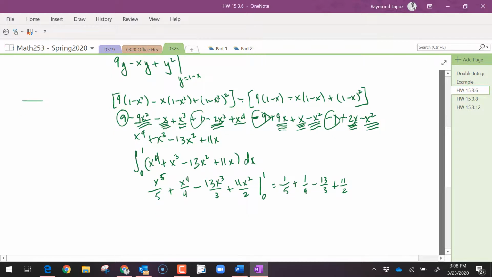Oh boy. Common denominators. 20. I got 60, I think. Let's do it. Well, why don't I just pull out my calculator?